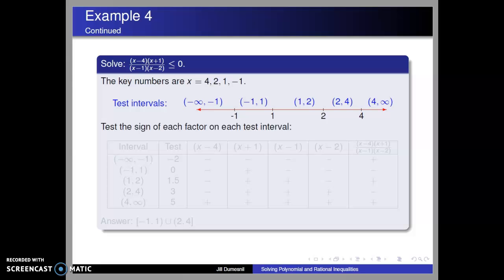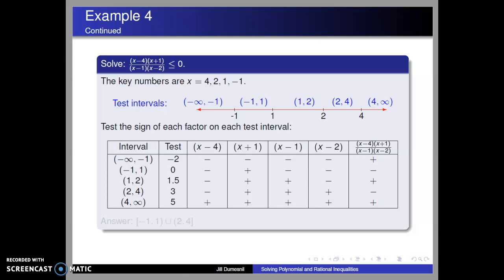We test the sign of each factor on each interval by choosing a convenient test number from each interval. Notice that the factor x - 4 is negative until we plug in test numbers greater than 4. Once we pass x = 4, the factor x - 4 is then positive.